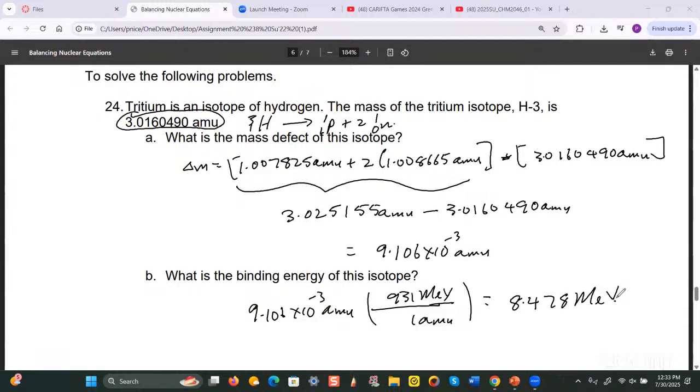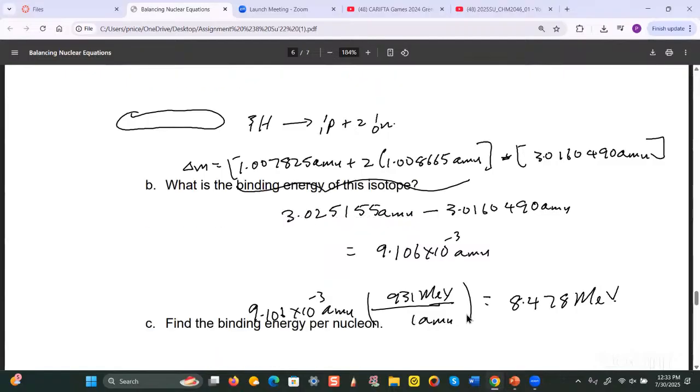And then to answer the next question, which is the binding energy per nucleon, which is the C part. Basically, you take this value here and divide it by the total number of nucleons, which in the case of tritium is 3. So the binding energy per nucleon is equal to 8.478 MeV divided by 3 nucleons.